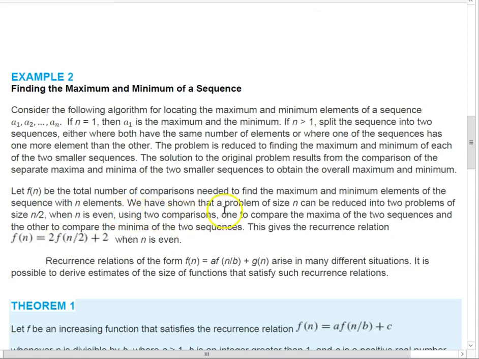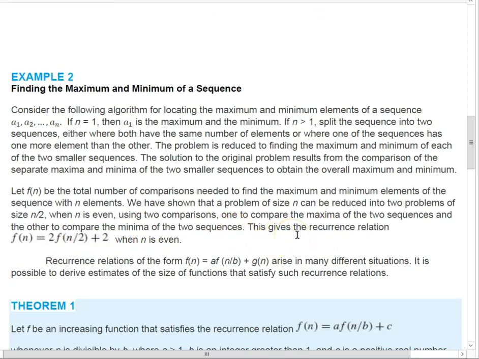We have shown that a problem of size n can be reduced into two problems of size n divided by 2 when n is even, using two comparisons, one to compare the maxima of the two sequences, and one to compare the minima of the two sequences.